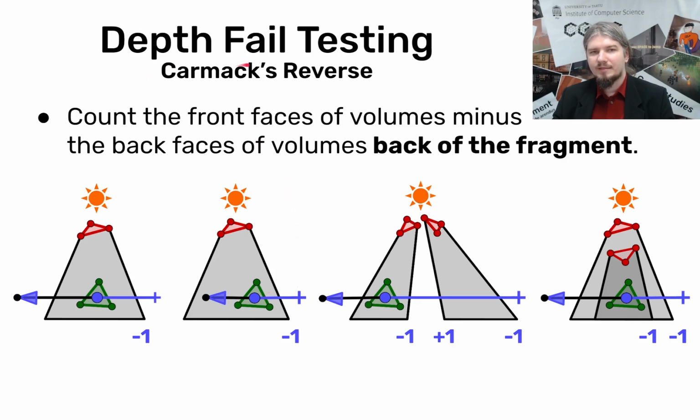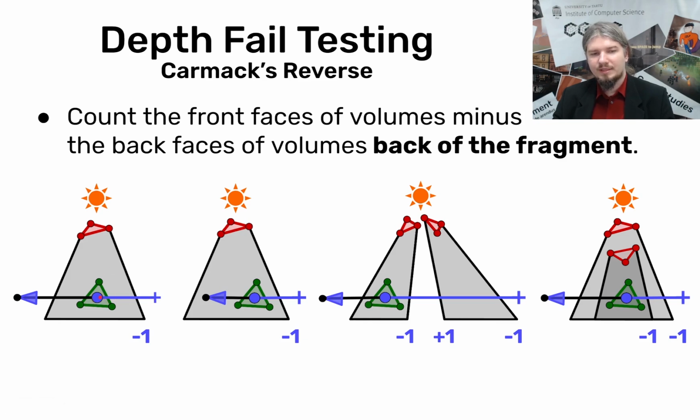This is where the depth test fails, because when the depth test fails, this means that there is scene geometry in front of that part of the shadow volume. So we are not actually counting anything that is between the camera and the fragment, rather we are counting all the back and front faces of shadow volumes that are behind the rendered fragment.